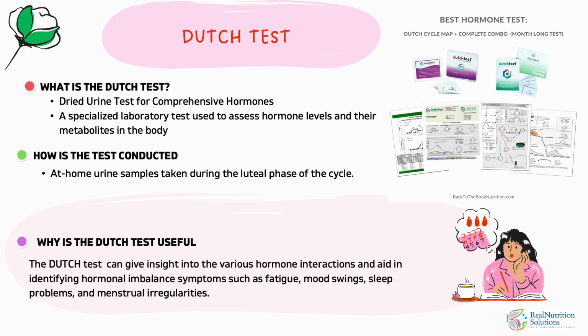You just do the Dutch complete, which will only test the hormones to see where you might be experiencing symptoms. If you have no idea what's going on with your cycle, it comes, it goes, it stays 3 days, next time it stays 7 days, and you're unsure as to the different phases, what's going on, then a cycle mapping might be the best choice for you. So I just wanted to say that quickly before we move on.